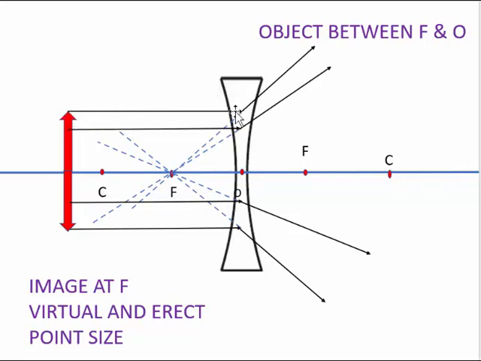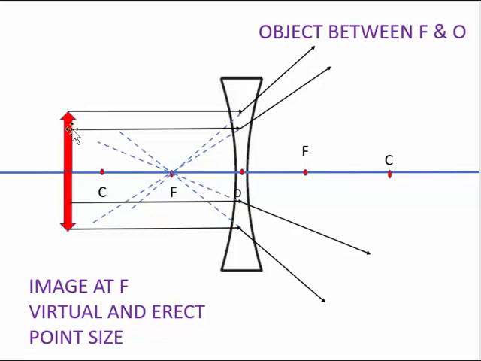After refraction, it will get diverged, because we all know that a concave lens is a diverging lens. The rays do not meet at a particular point, but the rays get diverged. So the first ray which is going parallel to the principal axis will get diverged like this.